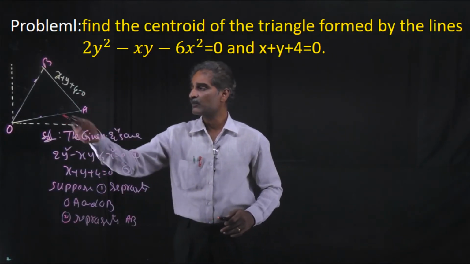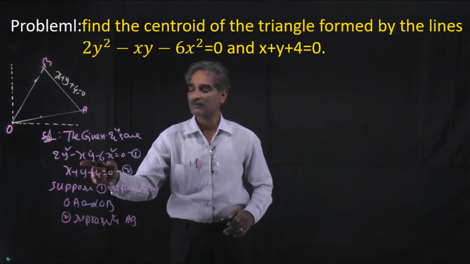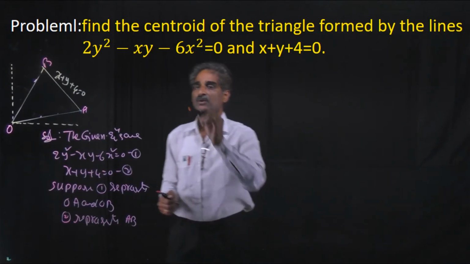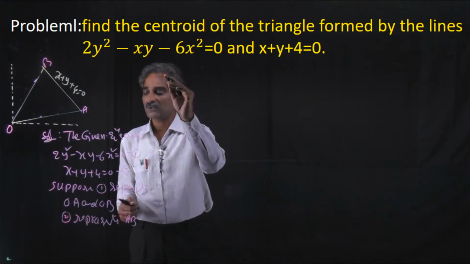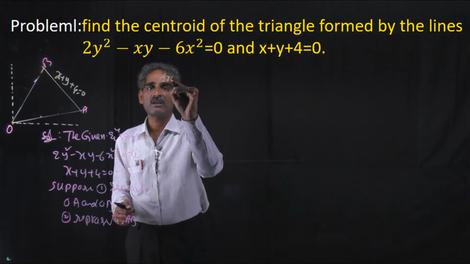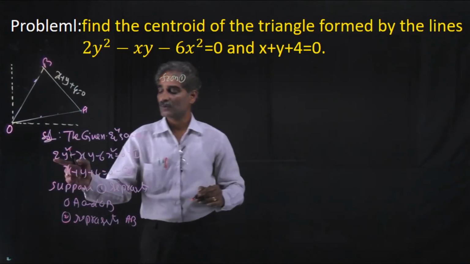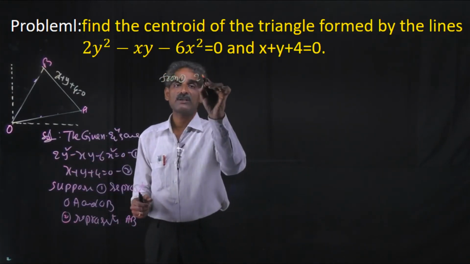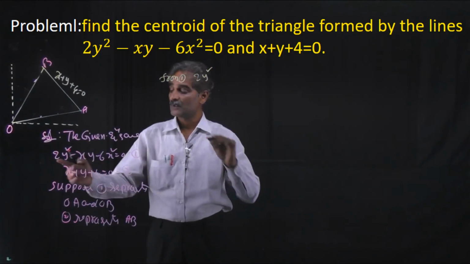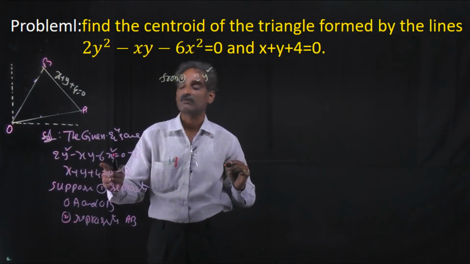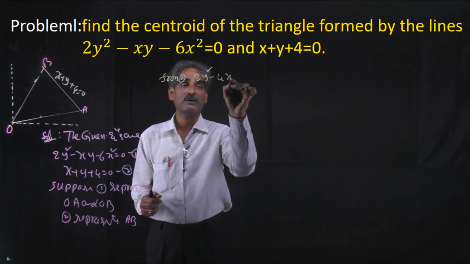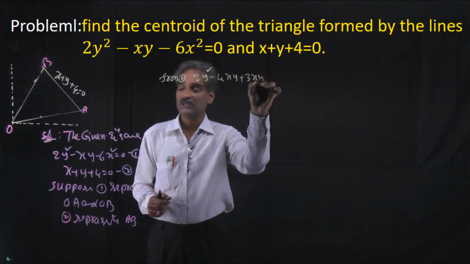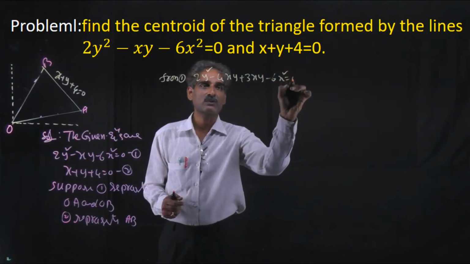So how to get OA and OB? OA and OB are nothing but the separate equations of 1. So now find out the separate equations of 1. What are the factors? 2y², 2 into 6, 12. That means 2y² − 4xy + 3xy − 6x² = 0.